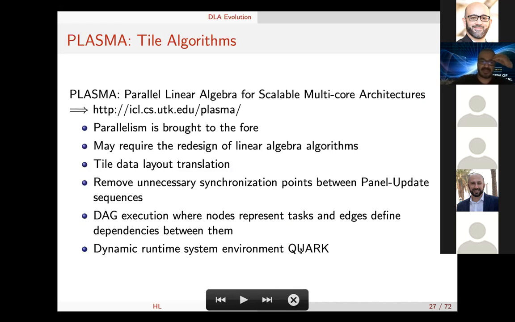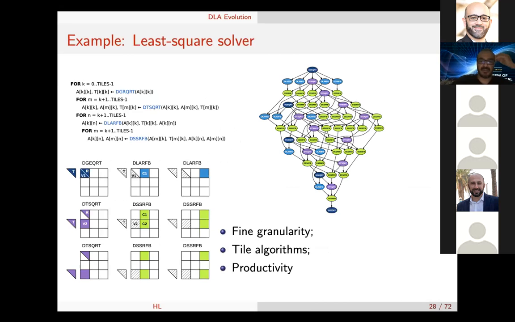There are other runtime systems available out there, but the main idea is this: if I were to do, for instance, a least squares solver before, I would just call the LAPACK least squares solver and I'm done. With PLASMA, you also call the PLASMA least squares solver and you are done, but under the hood, this is what happens. Your whole computation, the QR factorization here and the corresponding solve, will be broken down into small tasks.